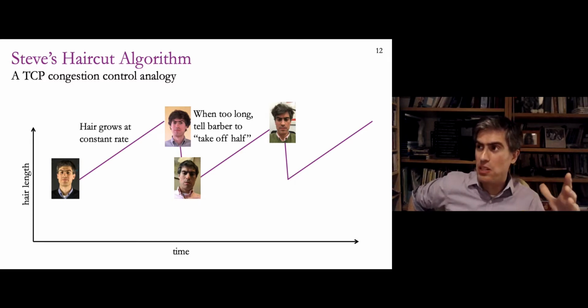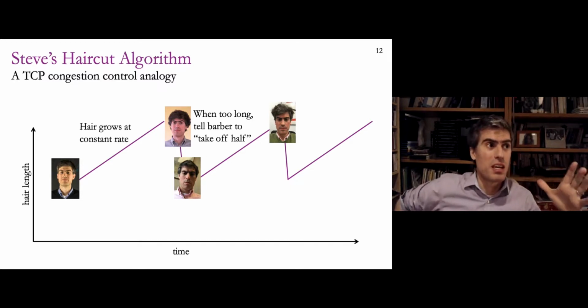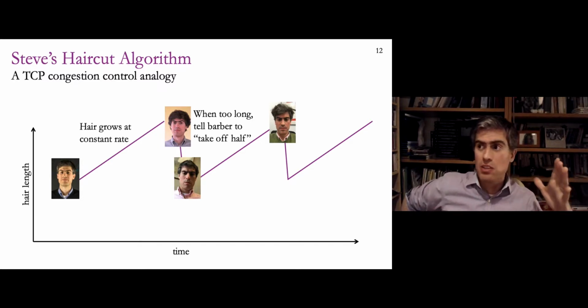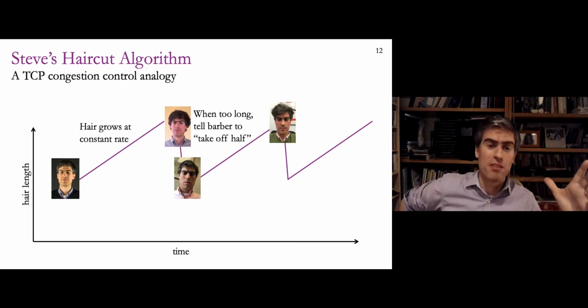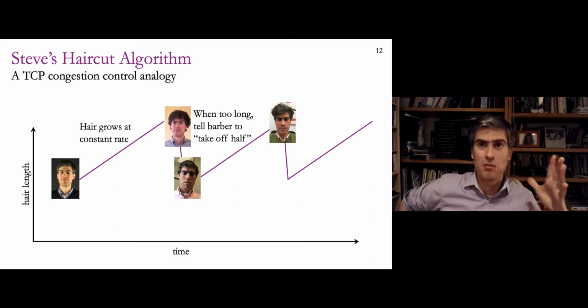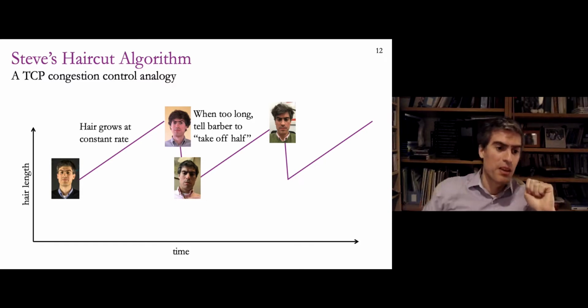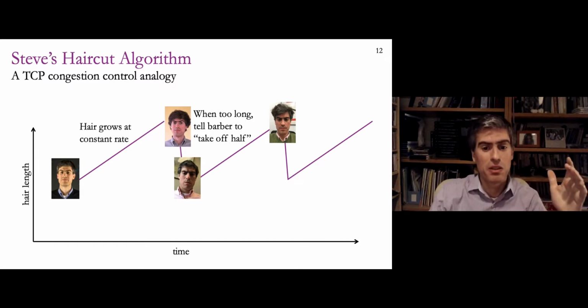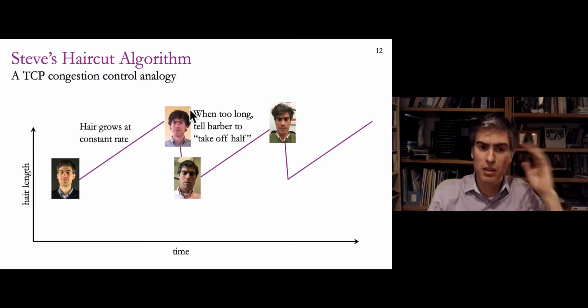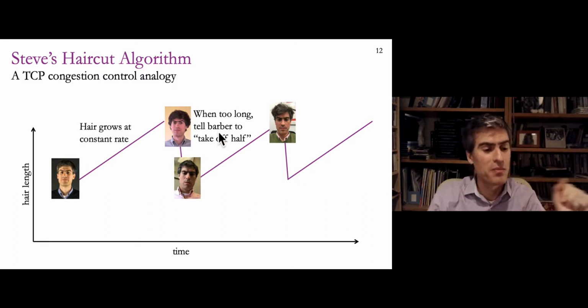So I tried to come up with a way to tell them exactly how much I wanted cut. And the best I could come up with was to say, cut it in half. If you tell them to cut the length of your hair in half, it's hard for them to cut too much off because they can feel what half is and get a good sense of that. So that's what I would always say. When my hair got too long, I'd go to the barber and I'd say, cut it in half.